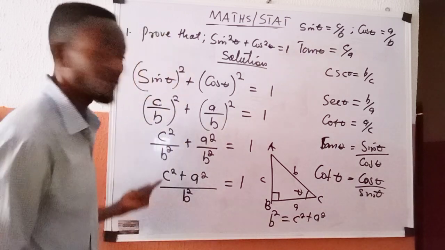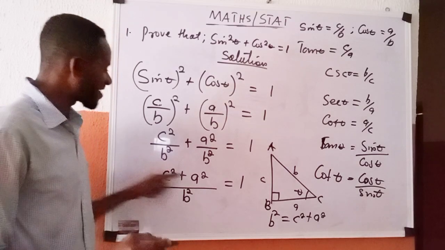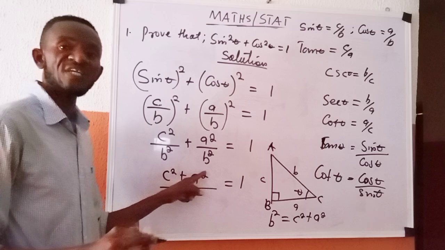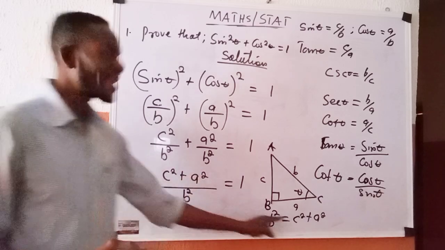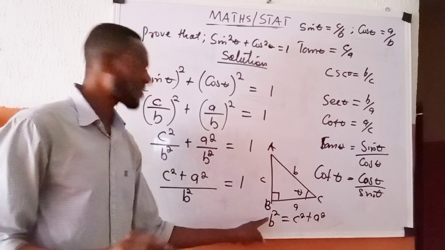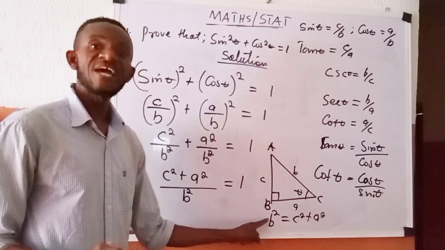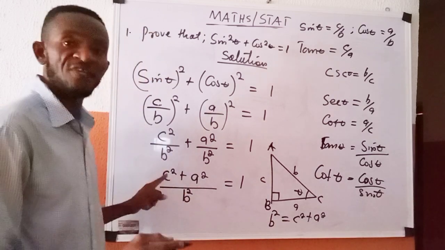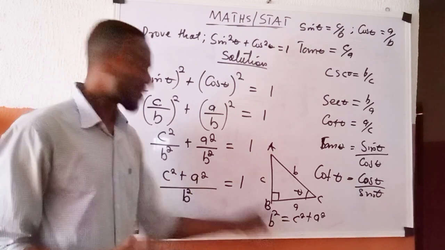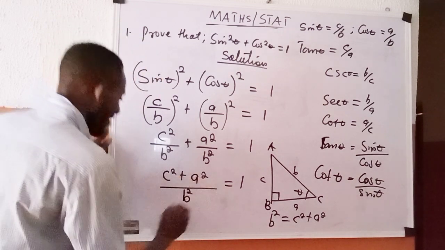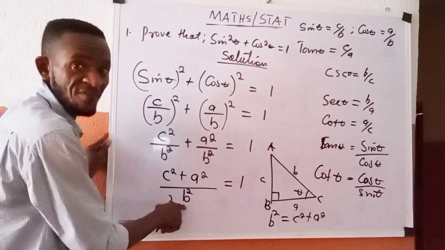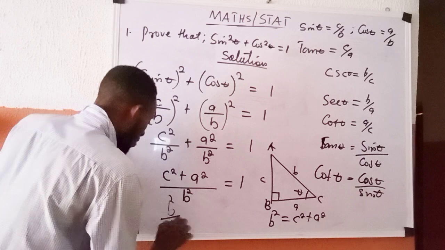Then I return back here. What is the numerator here talking about? The numerator here is talking about C squared plus A squared. And I have already established that C squared plus A squared is the same thing as B squared. Therefore, I can let go of this C squared plus A squared and use B squared in its place. The numerator becomes B squared all over what I have in the denominator before, which is B squared.